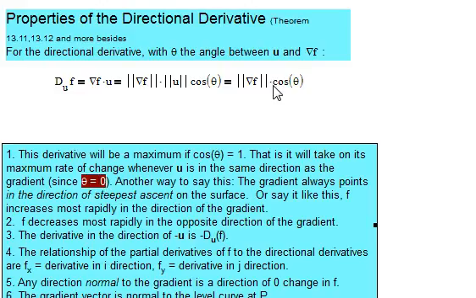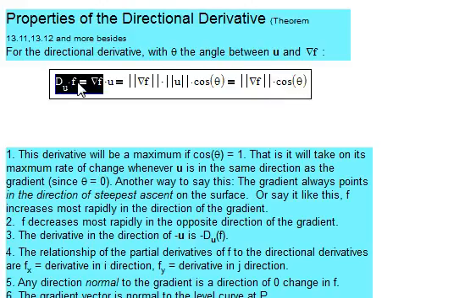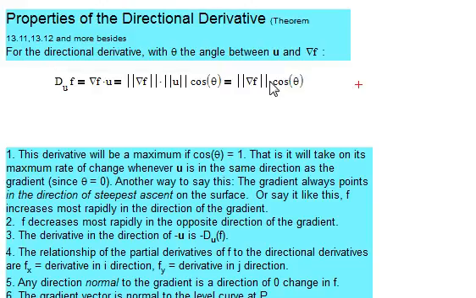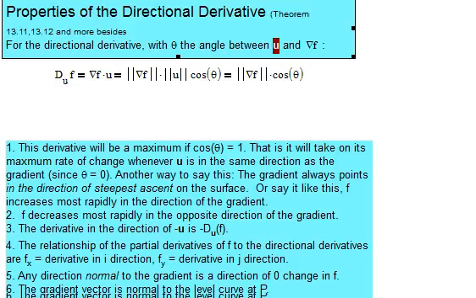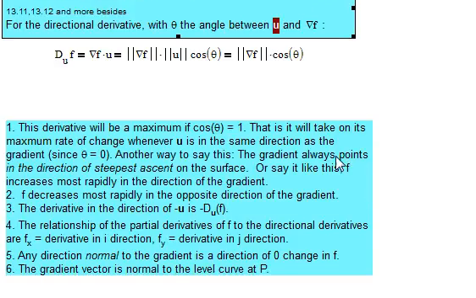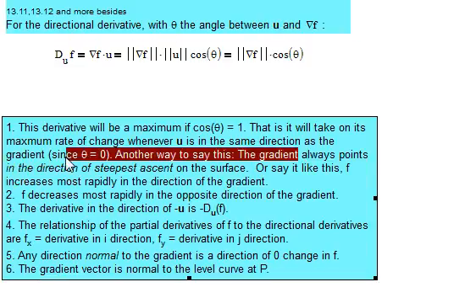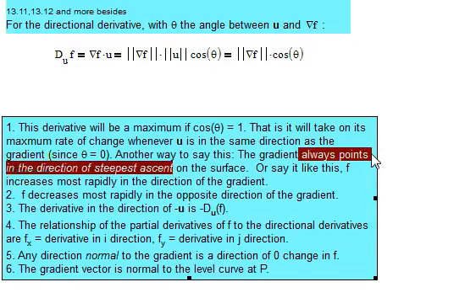So that means when our directional derivative is a maximum, then the directional derivative is the length of the gradient vector, and that maximum derivative occurs when the gradient is pointing in the direction of that unit vector. So the angle between them would then be 0.